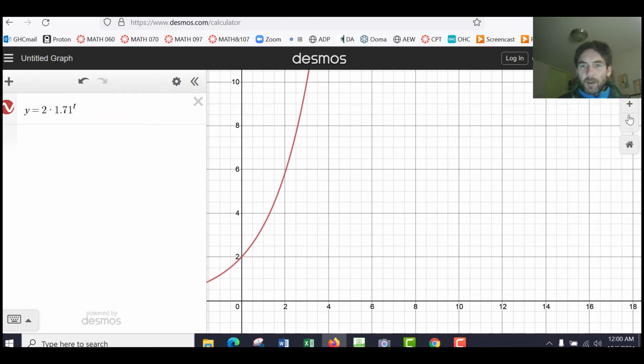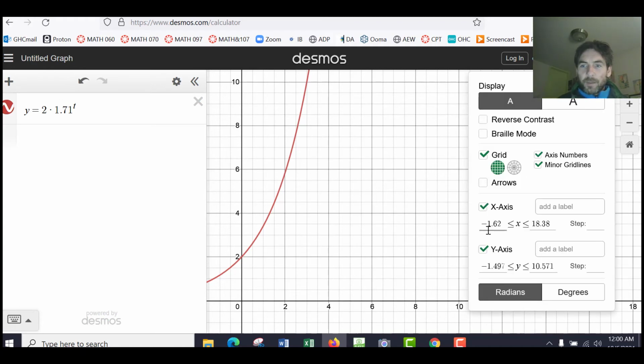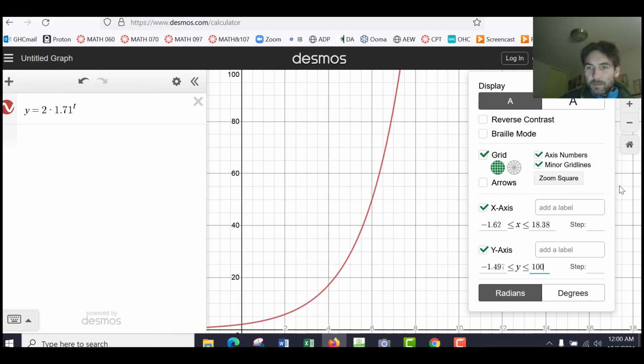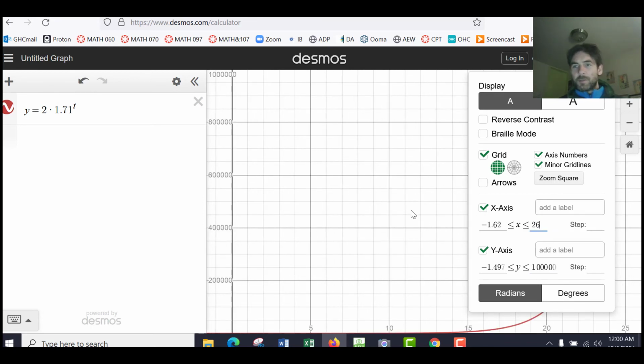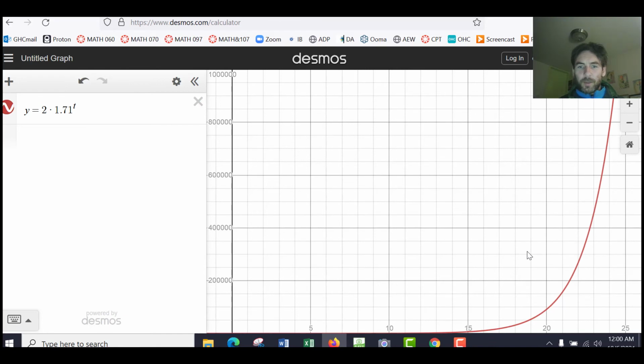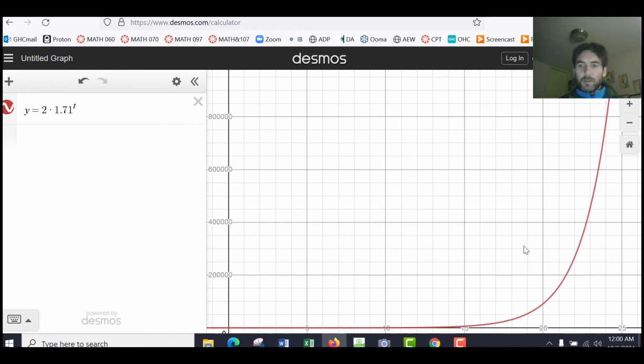I'm going to hit the tool button up here. The x-axis is months, and the y-axis is population. And we found after 24 months, we were up pretty high, close to 1 million rats. I think it was. And so I'll just do that like 26 months or something, just so we can show that graph.